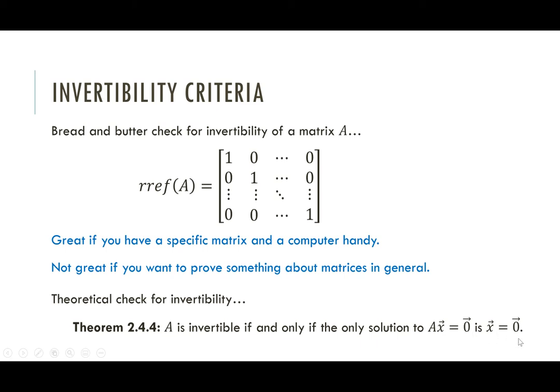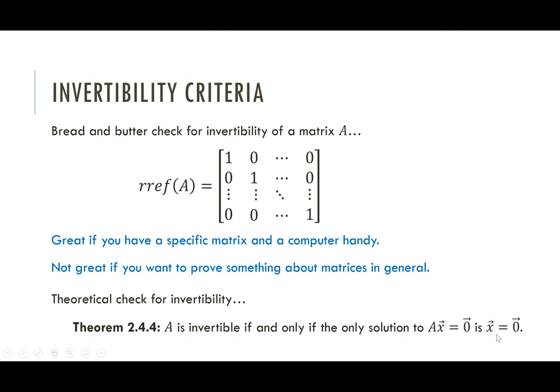So first, let's take a moment and think about the equation Ax = 0. It is always true that the 0 vector is going to be a solution here, because take any matrix, multiply it by the 0 vector, and you're going to get 0 out. So Ax = 0 always has at least one solution, and that solution is x = 0.